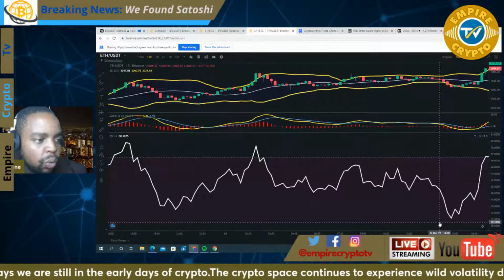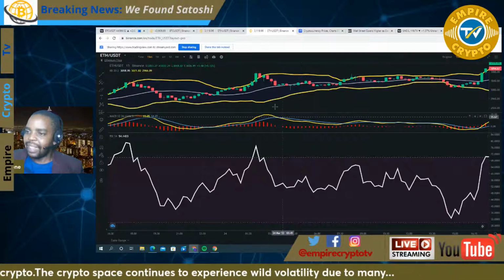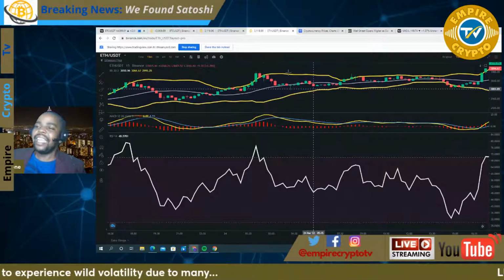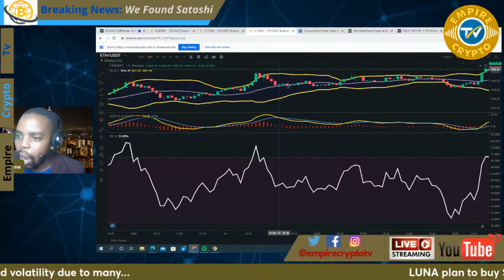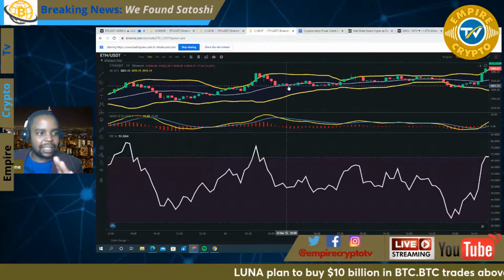So this one measures overbought and oversold. That one measures crossovers. And the third indicator measures volatility, how loud or how silent the market is. Three dimensions in one chart.